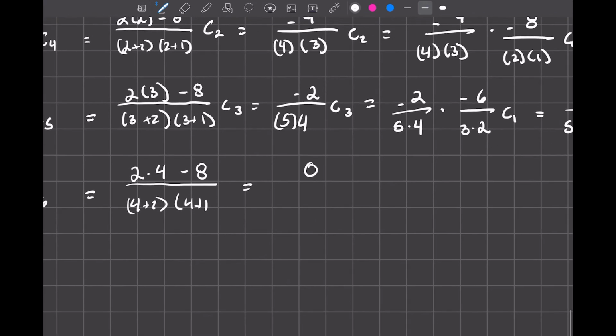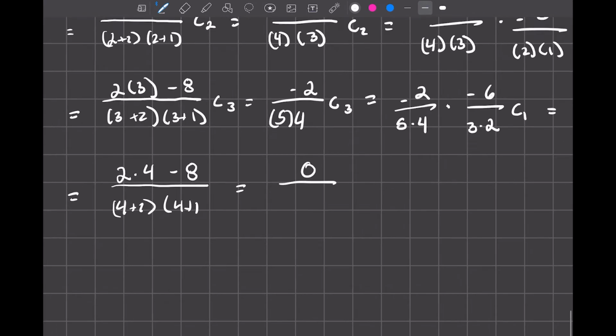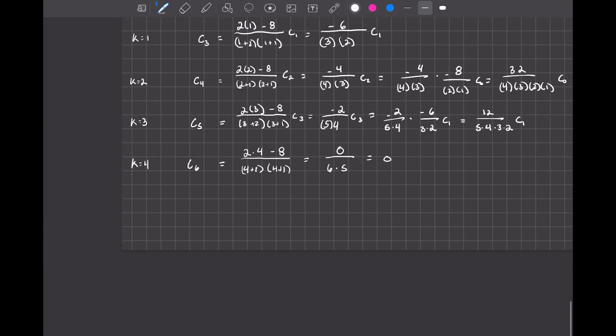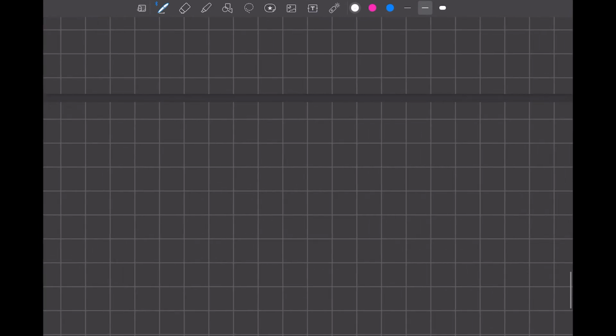So here this will equal 0 over whatever it is on the bottom. So it'll just equal 0. And it's also supposed to be multiplied by C sub 4 on the side. But that doesn't really matter because it will equal 0.